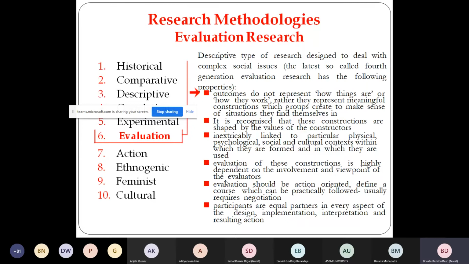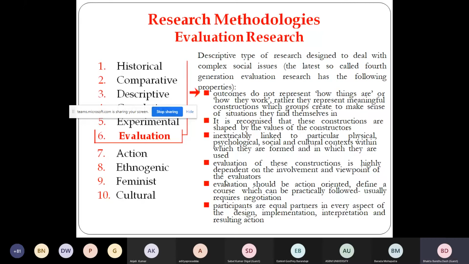So whenever you are taking up research, if you involve your participant from the implementation to the interpretation and resulting action, then ultimately your research will carry some meaning.